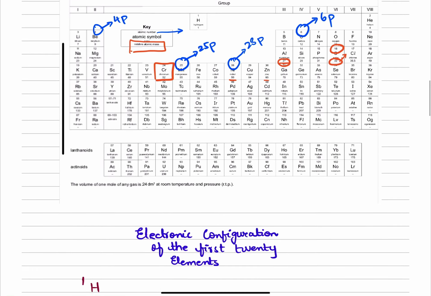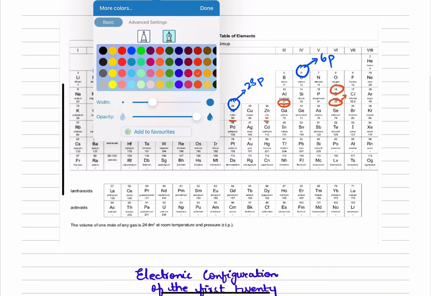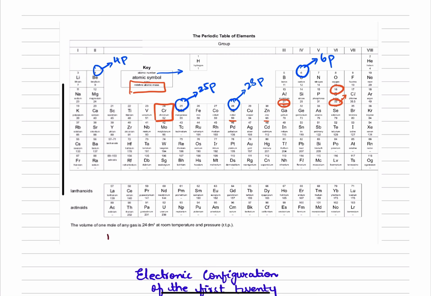Now, one thing we need to write and understand here is that the number of electrons will always be equal to the number of protons.